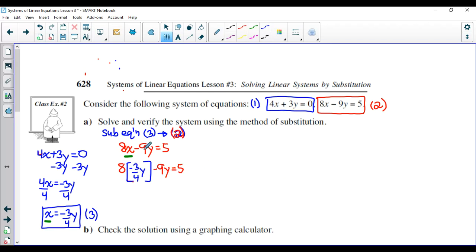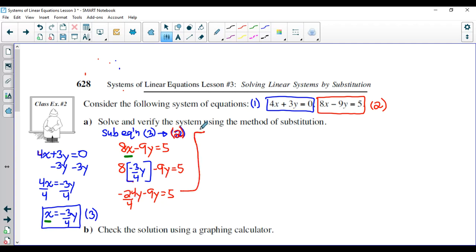Okay, we can multiply this out now. 8 times negative 3 would be negative 24, so you have negative 24 over 4 y minus 9y is equal to 5. Thankfully, this fraction divides evenly. Negative 24 divided by 4 gives you negative 6y.